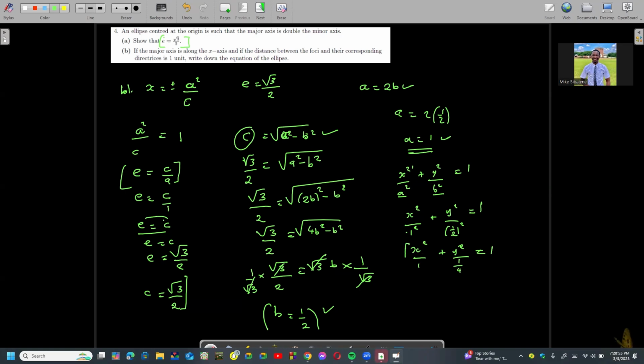I multiply everything by 4, so that this and that number simplify, giving you x squared plus 4y squared is equal to 1.